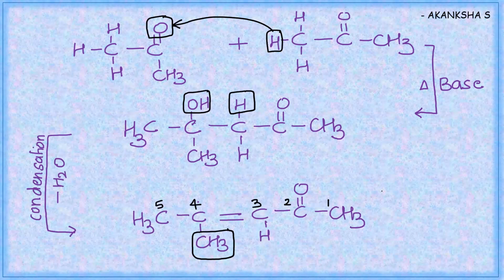So what is the branch? Branching is methyl. At what position is this branching? Carbon number 4. So we write it as 4-methyl. How many carbons are there? 5 carbons, meaning pent.